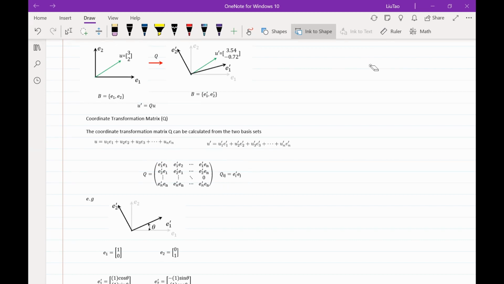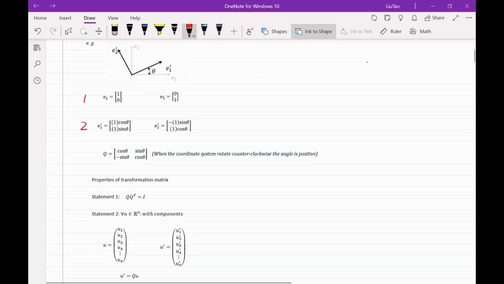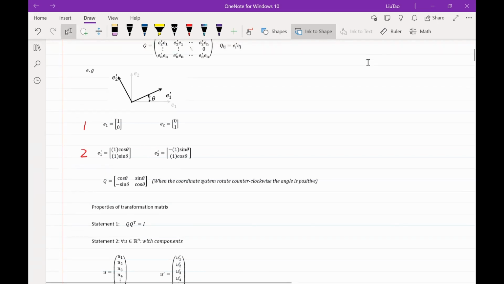Now let's take a look at an example. In this example, we have two basis sets. In the first basis set, we have E1 and E2. E1 is (1, 0), E2 is (0, 1). And in the second basis set, we have E1 prime and E2 prime. If we know this angle is theta, E1 prime can be expressed in the first set.